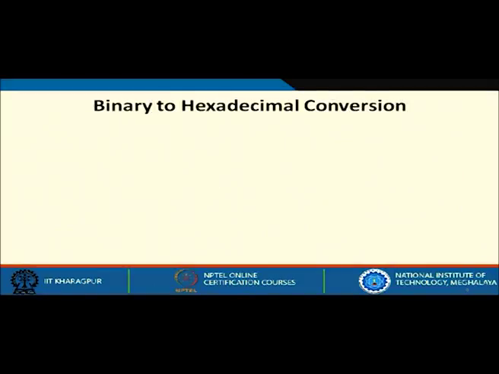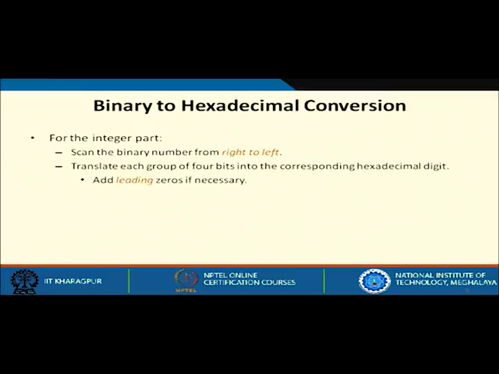So, we will move on. Let us see how we can do the binary to hexadecimal conversion. Here also we have two things: what we do for the integer part and what we do for the fractional part. For the integer part, we scan the binary number from right to left, and then we translate each group of 4 bits into the corresponding hexadecimal digit, and if required we add leading zeros.